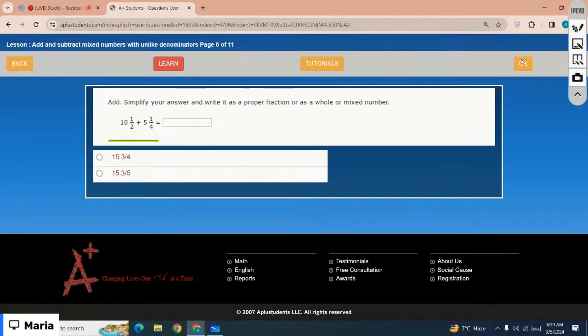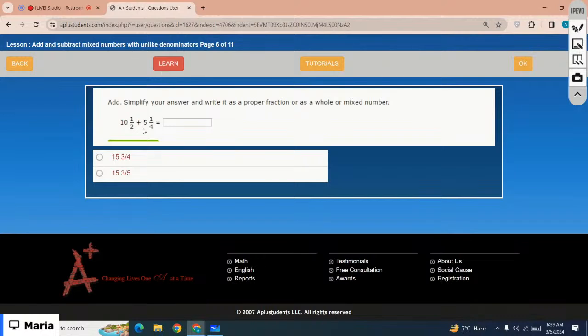10 whole 1 over 2 plus 5 whole 1 over 4, which is the correct option? That is 15 whole 3 over 4.